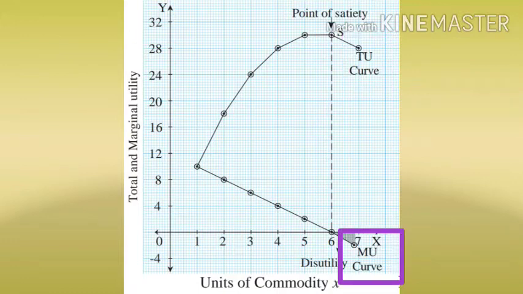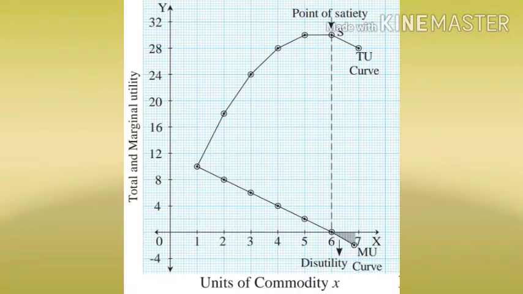MU curve equals marginal utility curve. X-axis measures the units of the commodity consumed, while Y-axis measures total utility and marginal utility.